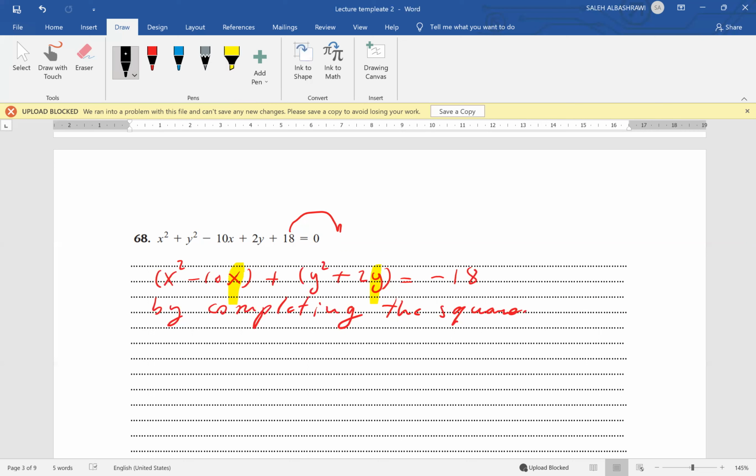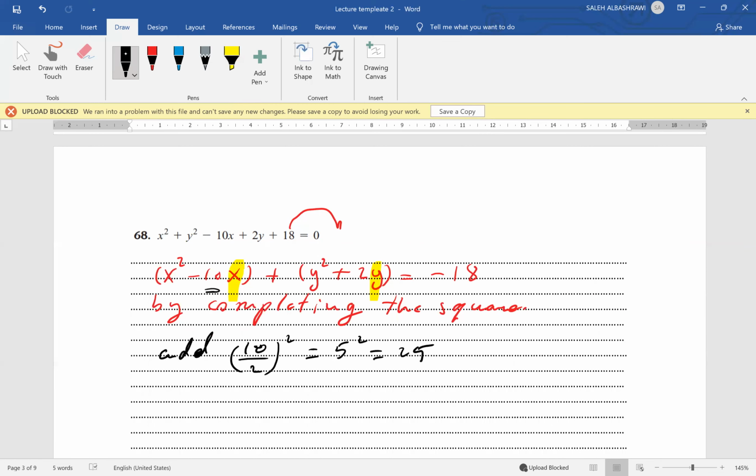So I'm going to add for the first bracket: take minus 10, divide by 2 and square, that will be 5 to power 2, equal to 25. This is for x.